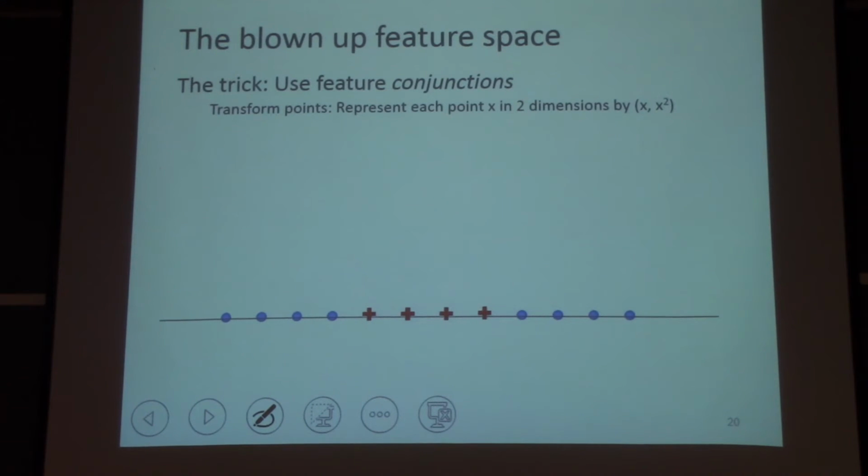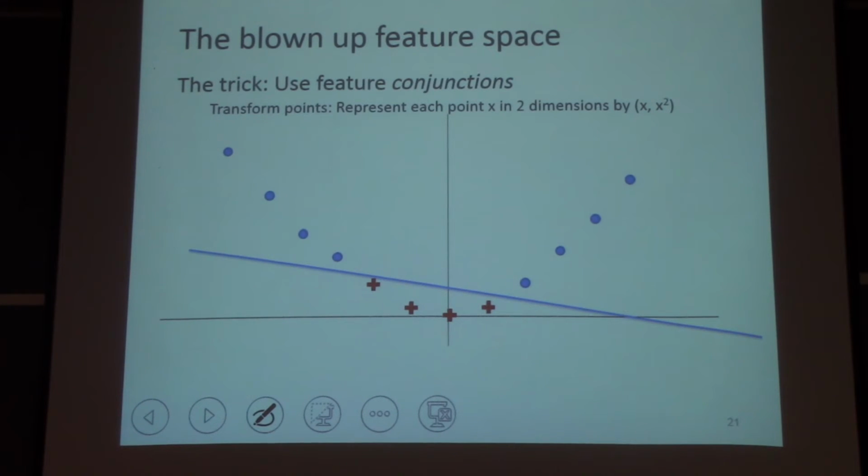And the answer is something called blowing up the feature space. In this case, the transformation that I'm going to do is to represent every point x here by moving it to 2 dimensions, giving it this additional feature: x comma x squared. And that will give you something like this. Now clearly it's linearly separable. I can draw a line here that is separating the pluses and the dots.